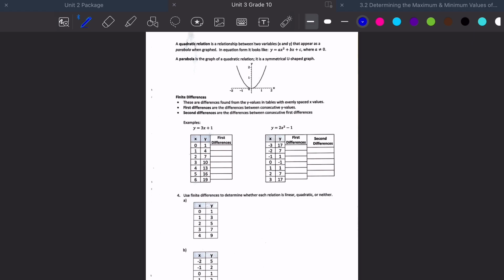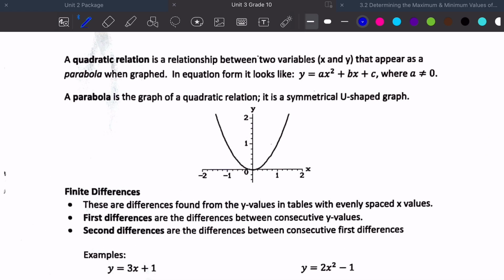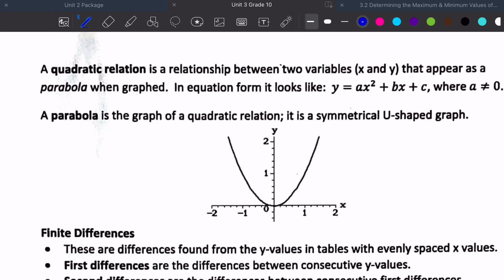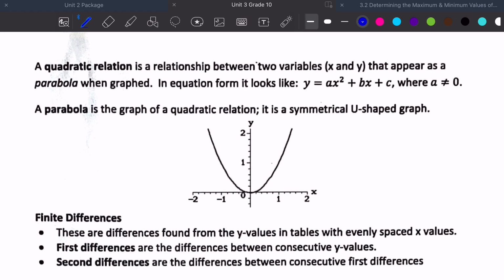Okay, so we've been saying it's linear or it's non-linear. But when we say something's non-linear, friends, I can give it a specific name, because there's a lot of functions that you'll learn, for example, in grade 11 that are non-linear. But the one non-linear function that you're going to learn this year is the quadratic function or quadratic relation.